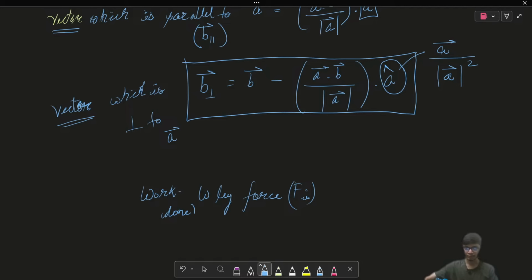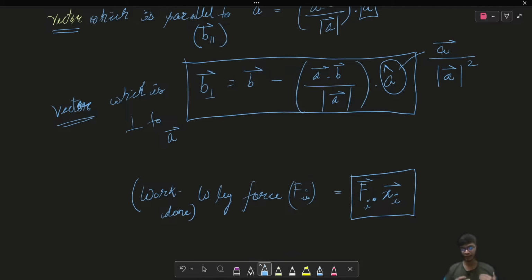So work done by a force is given as the force vector dot the displacement vector. Let xi denote the displacement vector and Fi the force vector. So you can see multiple examples of such scalar product when you study different problems of physics.